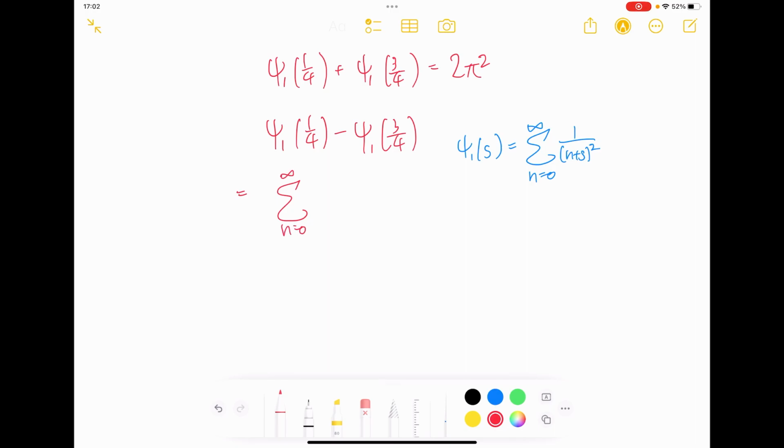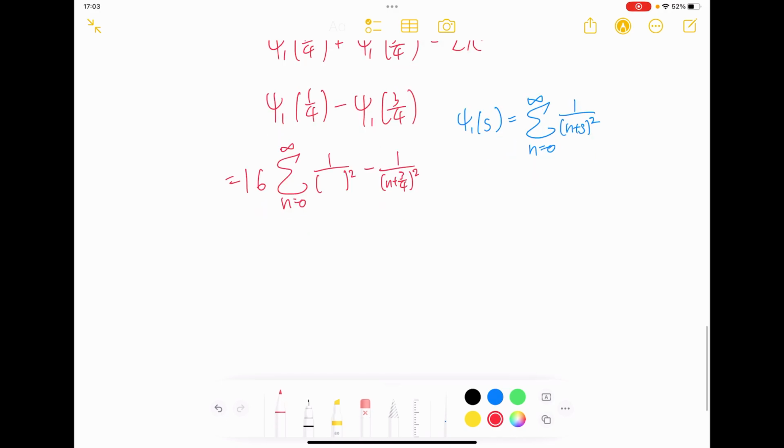So n equals 0, 1 over n plus a quarter squared minus 1 over n plus 3/4 squared. And we're going to multiply the sum by 16. That will change this denominator into 4n plus 1, and that into 4n plus 3.